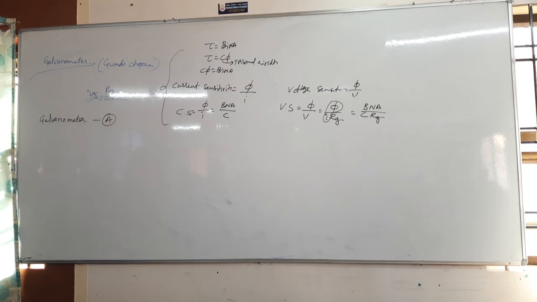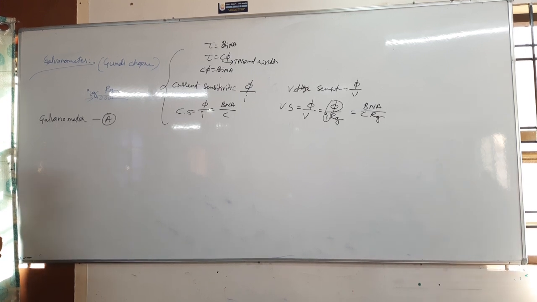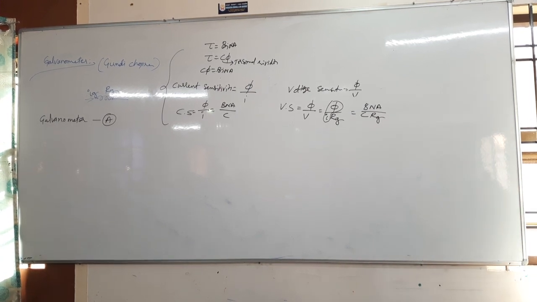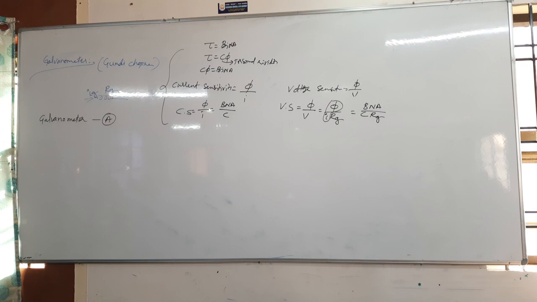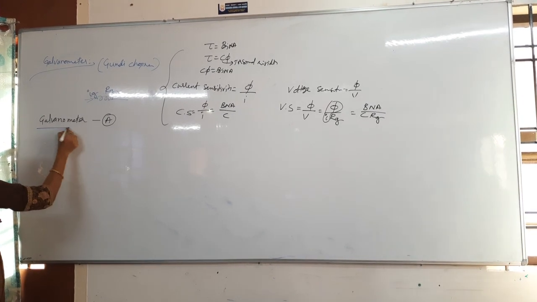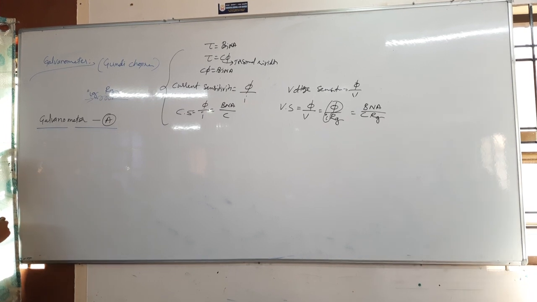In the next line, ideal voltmeter will have infinite resistance.